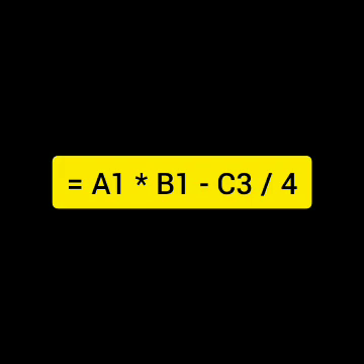So it's a combination of operands and operators. Operands are the values used here, such as A1, B1, C3 and 4. So A1, B1 and C3 are cell references and 4 is a numeric value. All these values are allowed in an Excel formula. This expression uses arithmetic operators only. So it is known as an arithmetic expression.